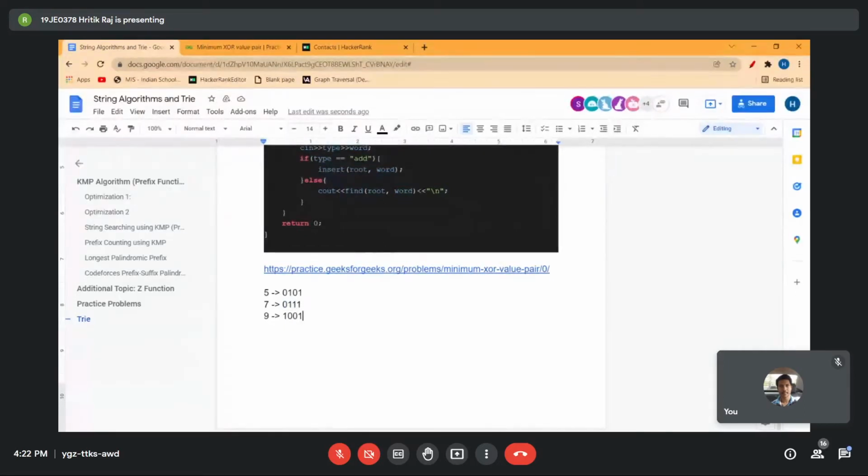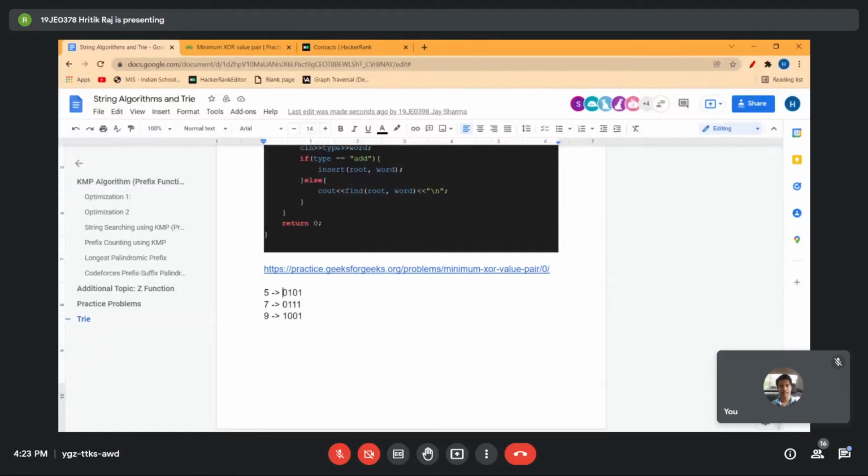So if we can make the most significant bit 0, then we should always try to do it. If it is not present, then we have to choose the other character. But if it is present, then we always choose it such that it becomes 0 for the MSB. Similarly, we go through the other bits. Okay.